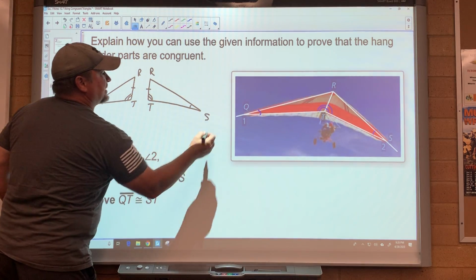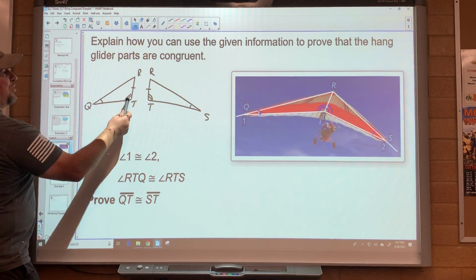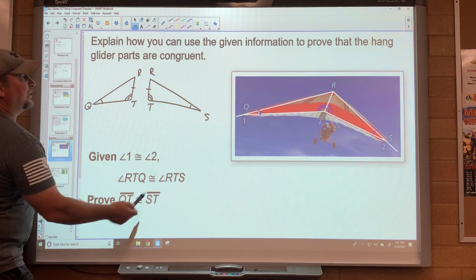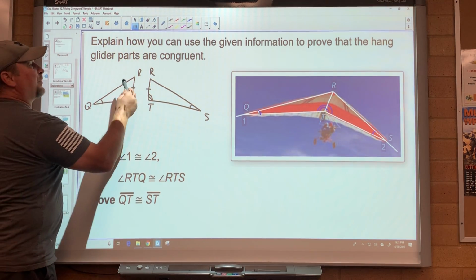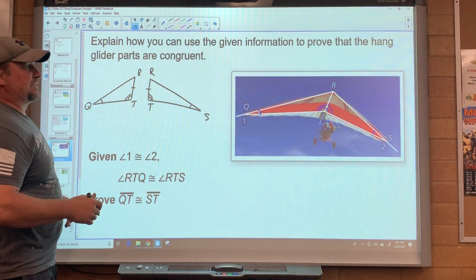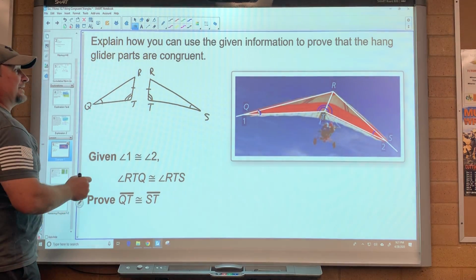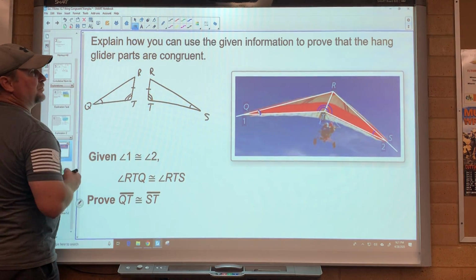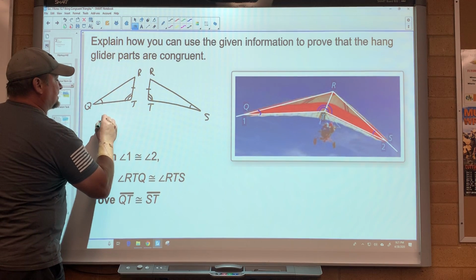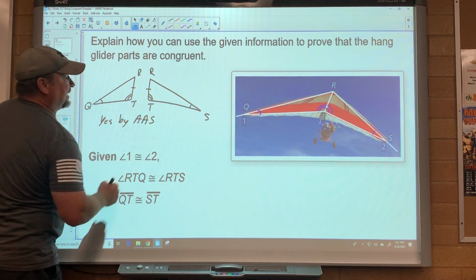And this is S. So we've got 1 mark, 1 mark, that was given. 2 marks, 2 marks, that was given. And then we personally, by reflexive property, because RT to RT would be the exact same length, we can now prove that these two triangles are congruent, yes, by angle, angle, not included side. So, yes, by angle, angle, side.